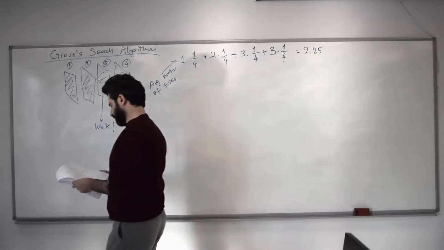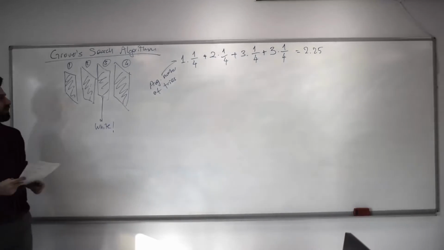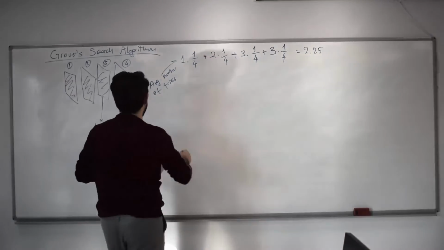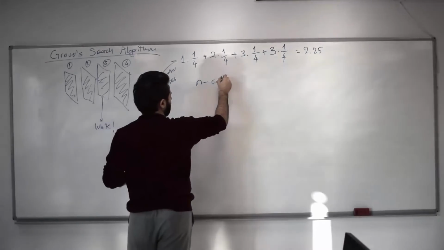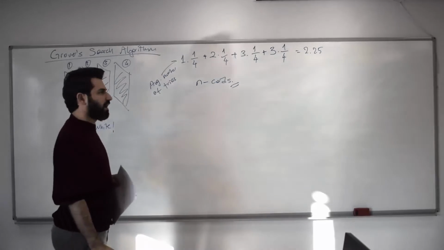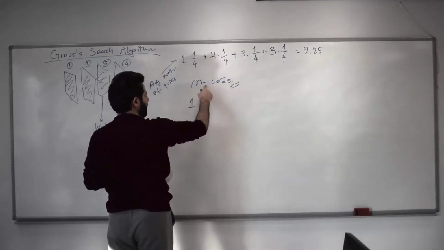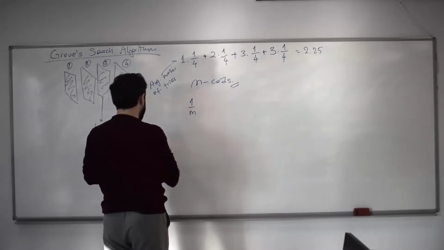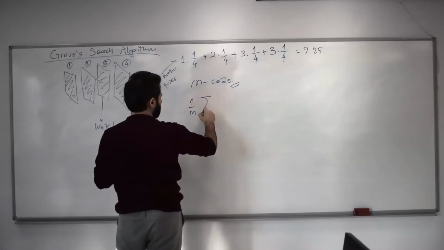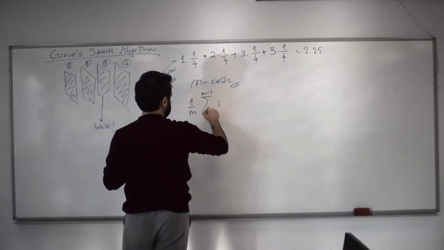Okay? So let me give you the general version of this. If you have m cards, then you're going to have 1 over m, and you have to sum all i's from 1 to m minus 1.